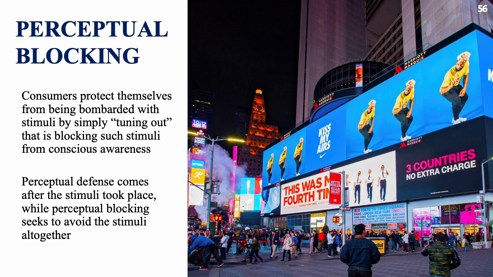You might use perceptual blocking if you're walking down a street with a lot of people asking for money, if you're one of the people who don't give money to people who ask. Anyway, that's perceptual blocking, and that's the difference between perceptual blocking and perceptual defense.